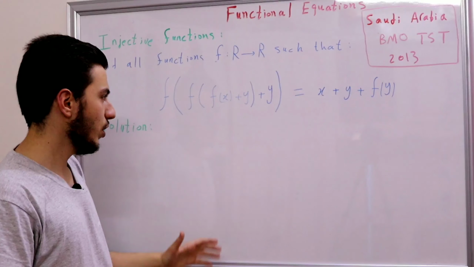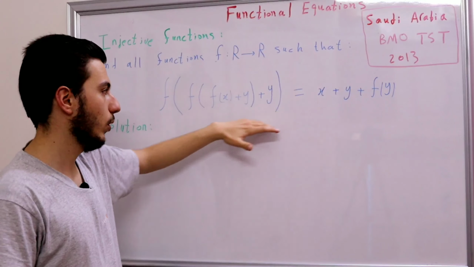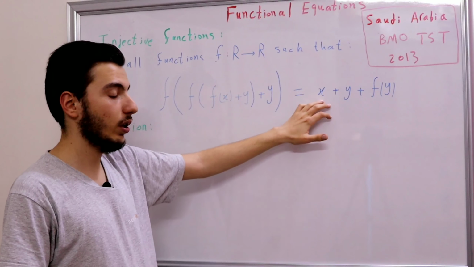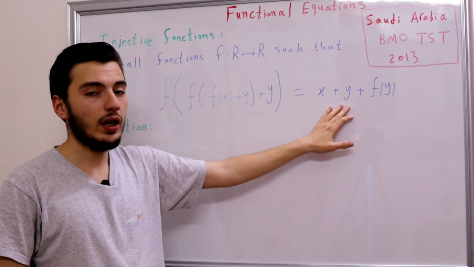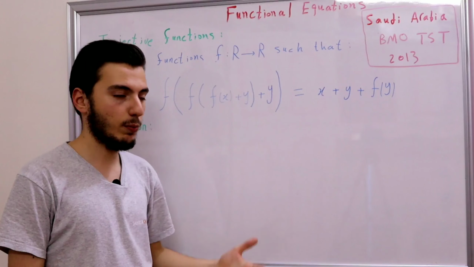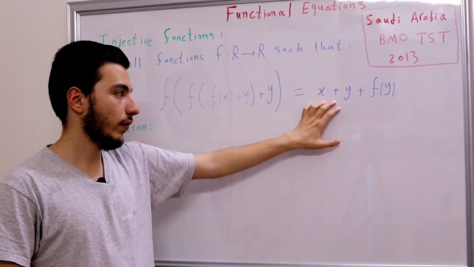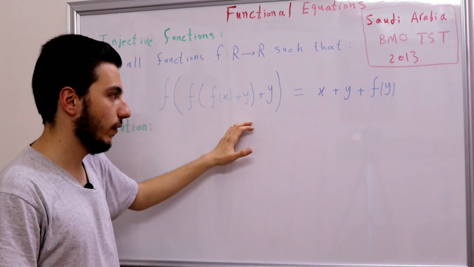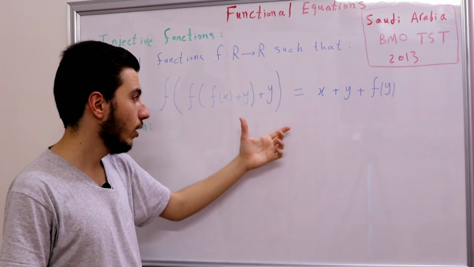Okay, so the first thing we do when we look at this functional equation, we realize that x is a free quantity and y is a free quantity, and that reminds us of surjectivity. We said earlier in the previous videos that when we have free quantities, then probably we can prove that f is surjective. So can we prove it actually?